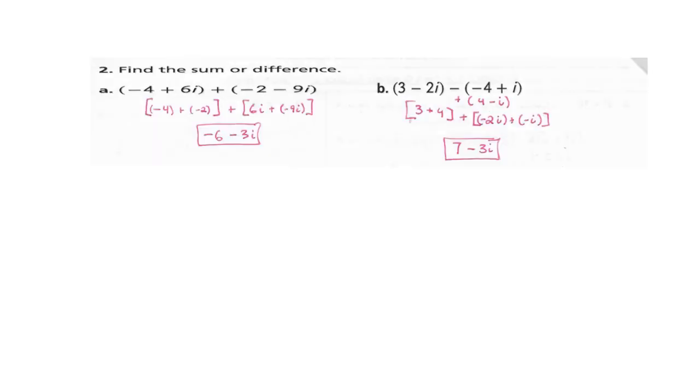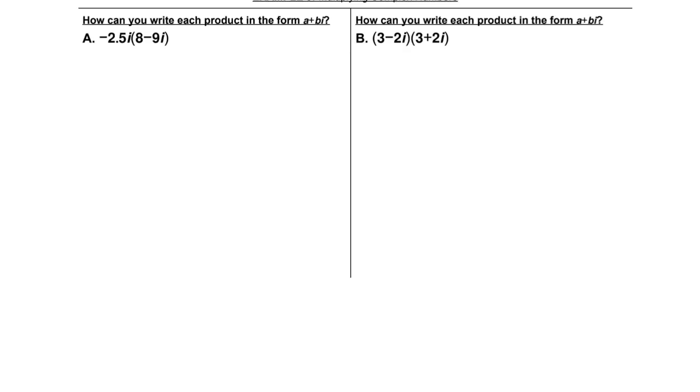So here are the solutions. The first one, just combine your reals, combine your imaginaries. Second one, change it to addition, then combine reals, combine imaginaries. All right, so now we're going to go into multiplying complex numbers. We want to find out how we can write the product in the form a plus bi.